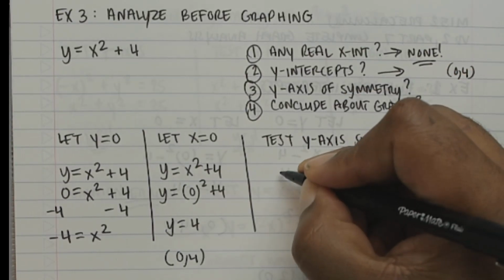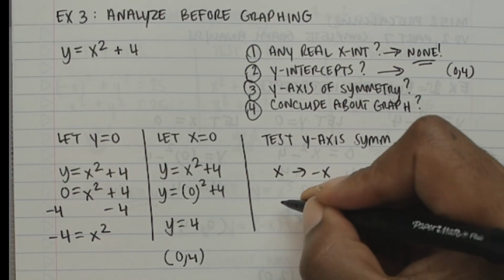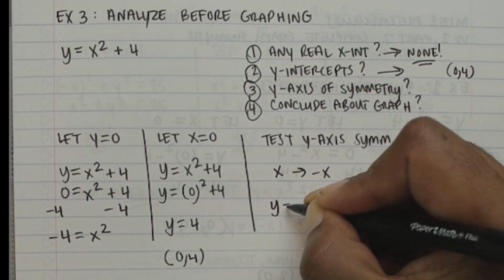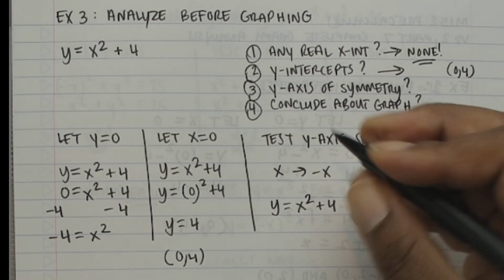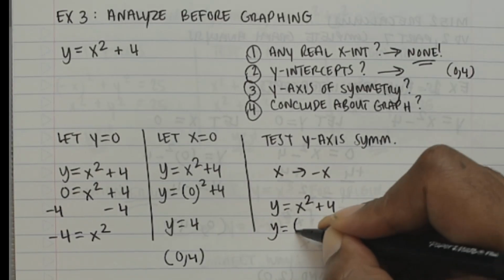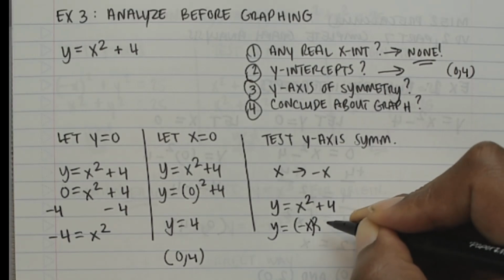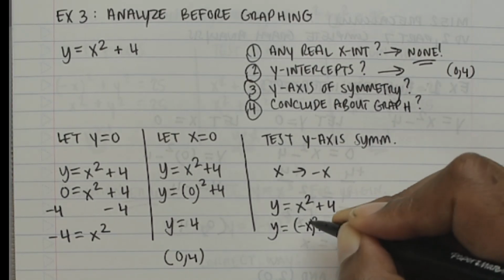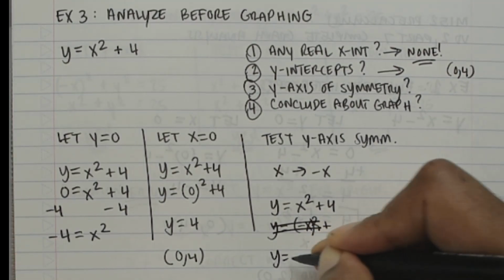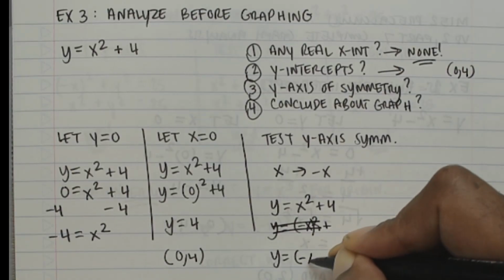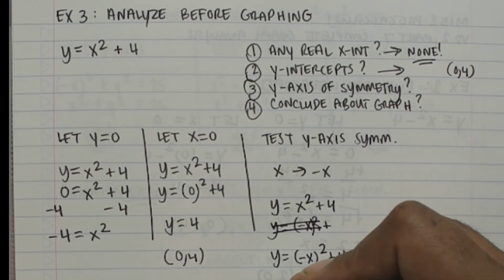Okay. So remember, you're going from x to negative x. So we take y equals x squared plus 4, y equals negative x squared plus 4. This is terrible. Pardon my writing errors. Negative x squared plus 4.